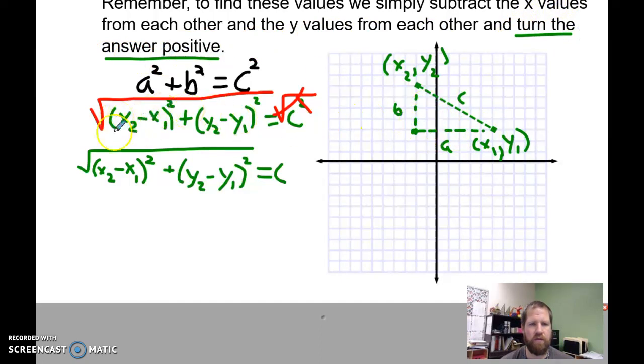We didn't really do that step here. However, because we're squaring it, that automatically turns the answer positive. If this was a -3 and we squared it, it would be 9. But if it equaled a +3 and we squared it, it would still equal 9. So either way, we are getting the positive value of that before we add them together.